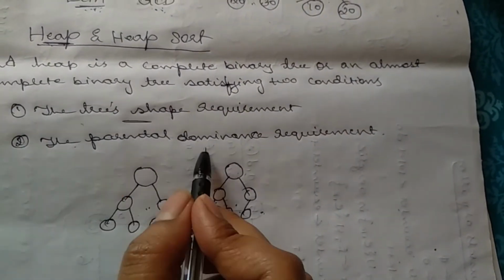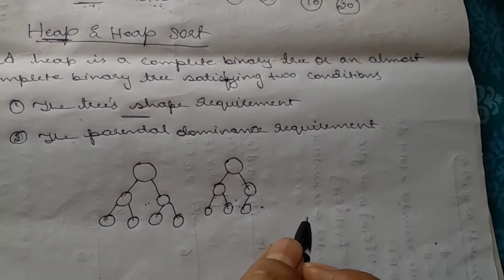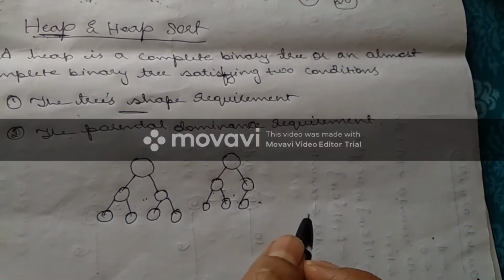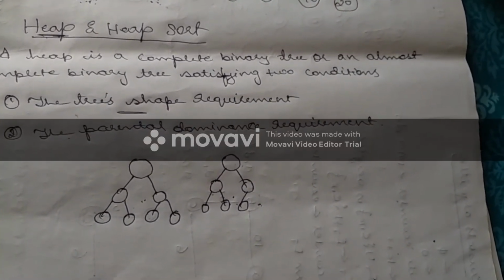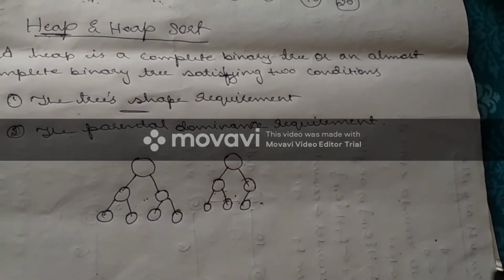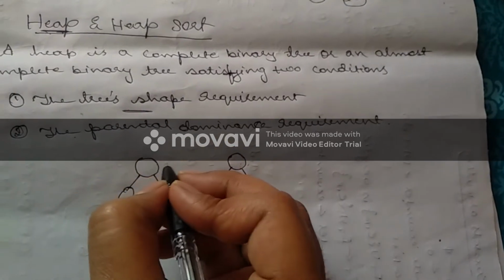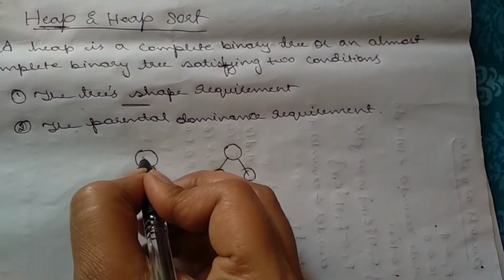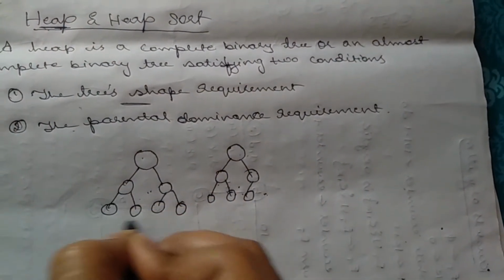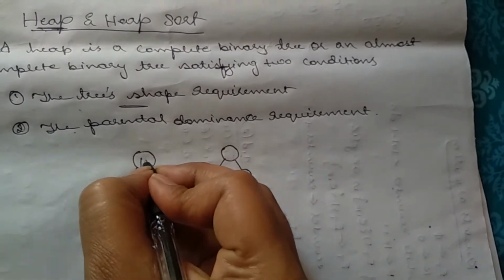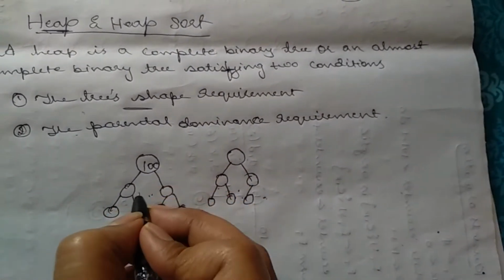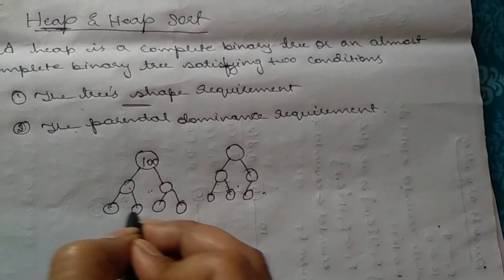And the second one is the parental dominance requirement. What do you mean by parental dominance requirement? The key at each node is greater than or equal to the key at its children. What is the meaning of that? The root node should always be greater than all other nodes. So I'll just take 100 for this one. Then here this is the root node and these are the children.